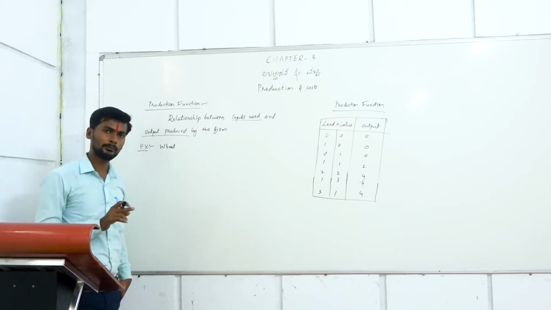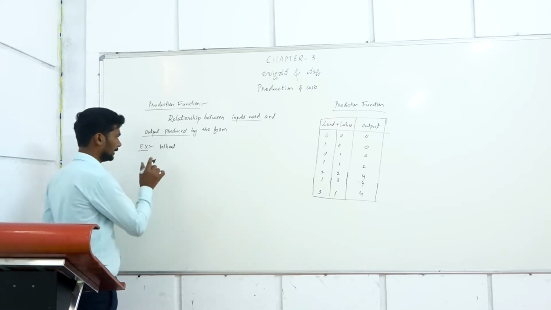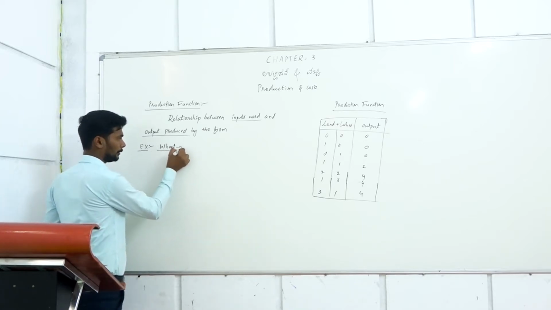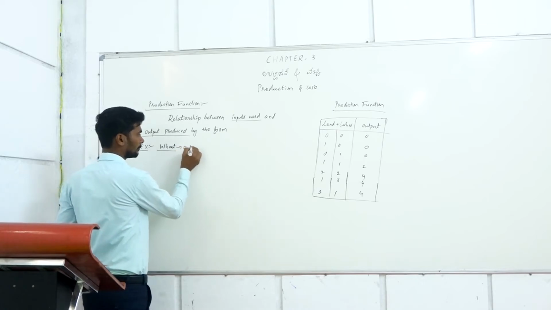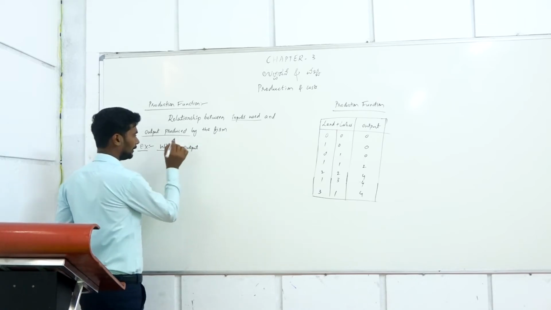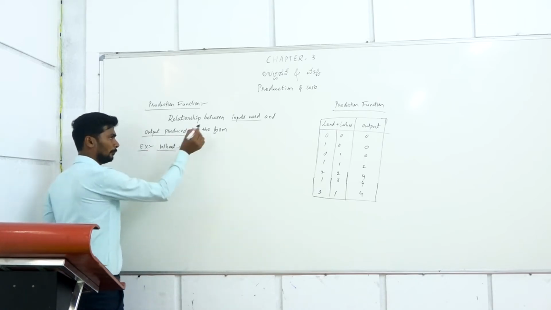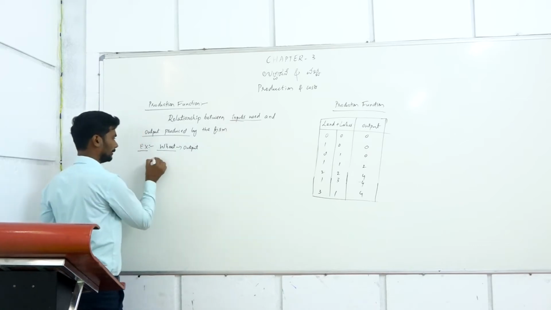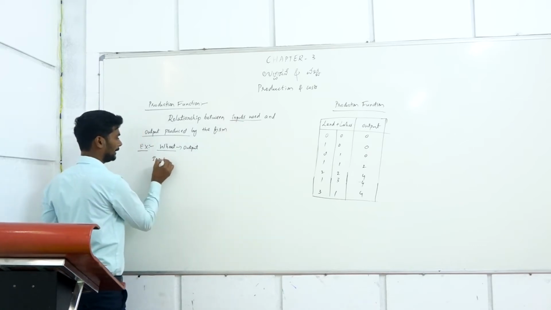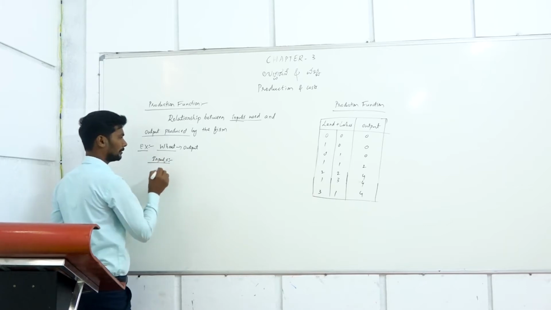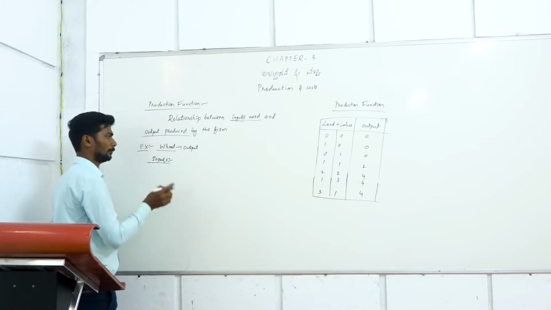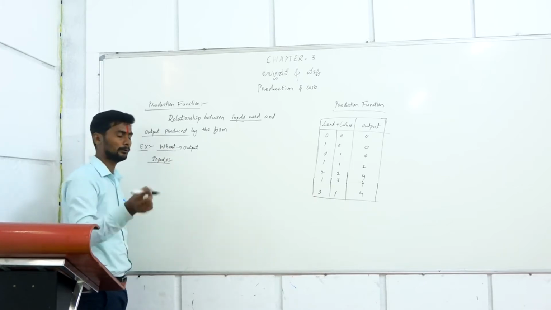Farmer decides to produce wheat. This is known as output. In order to produce wheat, what inputs are required? You can prepare a list of what inputs are required to produce that wheat, that is output.